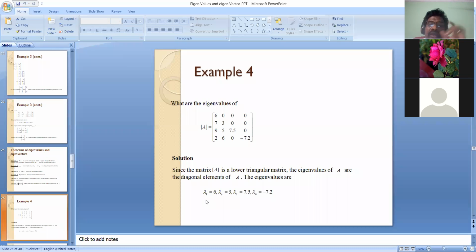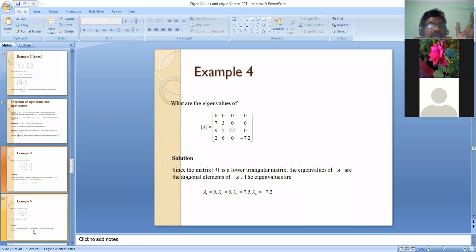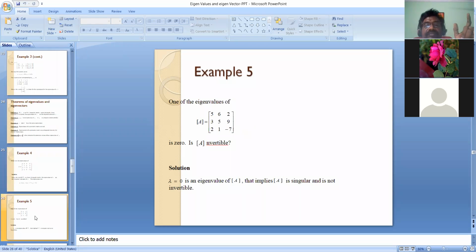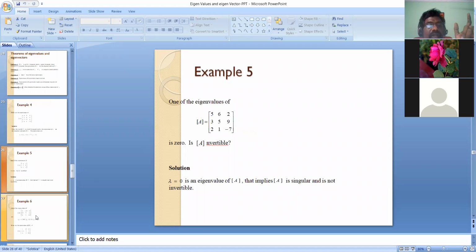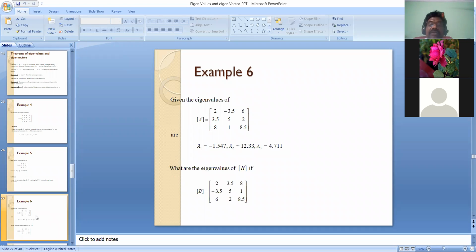So we conclude from these two matrices that lower and upper triangular matrices have eigenvalues equal to their principal diagonal elements only. Okay, do you follow the concept? Yes, sir. Okay.